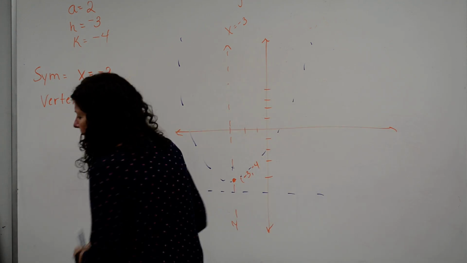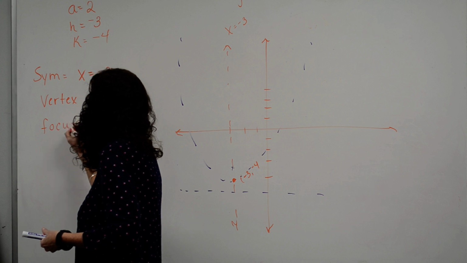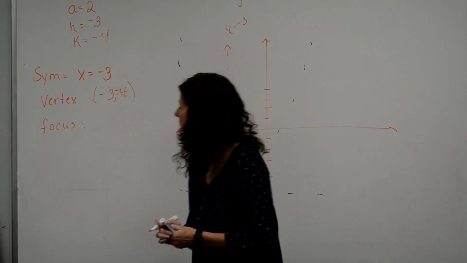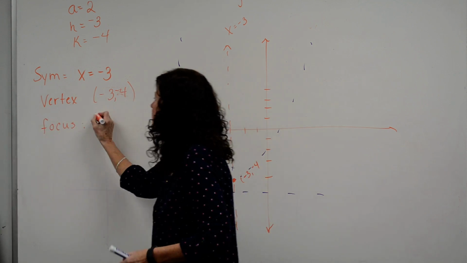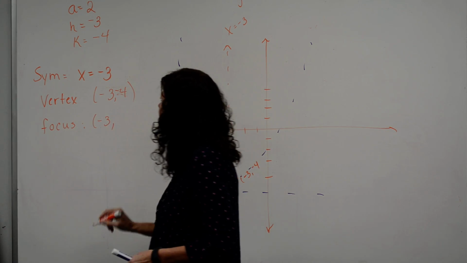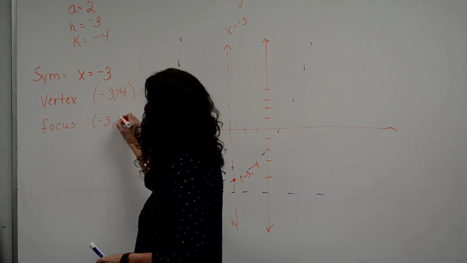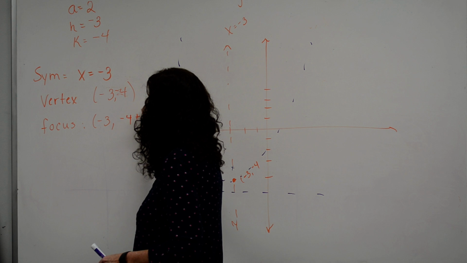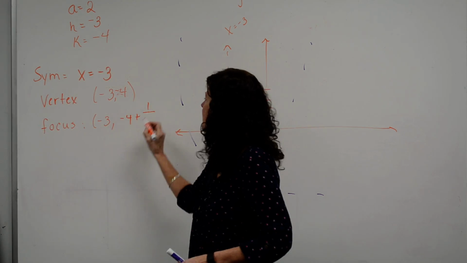Down here on my focus, what's the x value of it? Negative 3. Okay, I'm just filling in. And then my y value is k, which is negative 4, plus 1 over 4 times a.